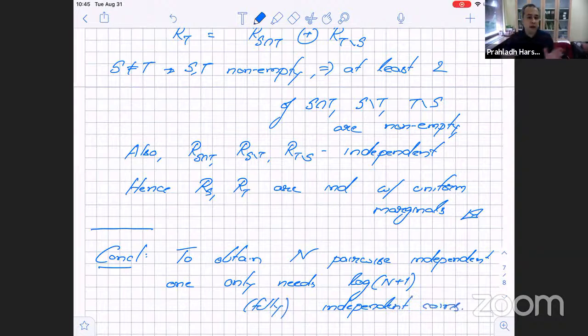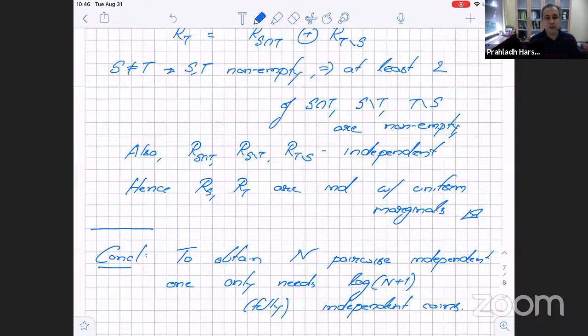So if your analysis of the performance of the randomized algorithm needed only pairwise independence, you do not need to pick these coins independently. You can pick them from a much more restricted space.